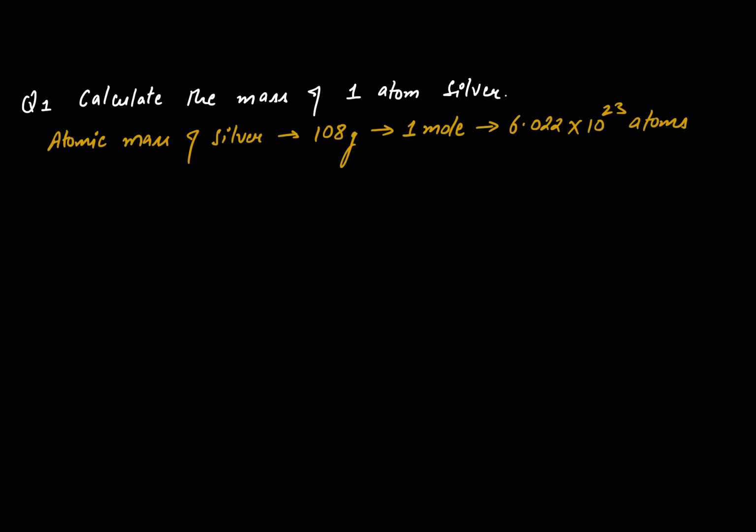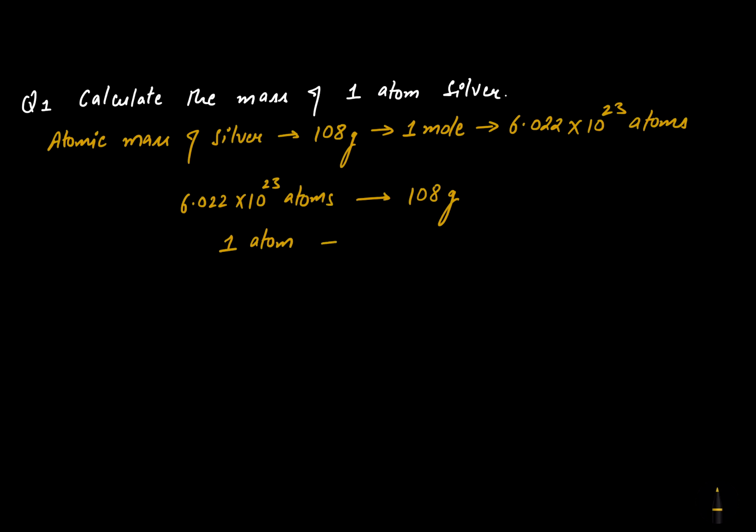So, roughly, 108 gram will be the collective weight of 6.022 into 10 to the power 23 atoms. So I'm mentioning it some other way: 6.022 into 10 raised to power 23 atoms will collectively weigh 108 grams. So what will be the mass of one atom?